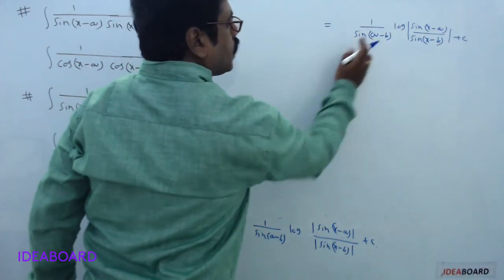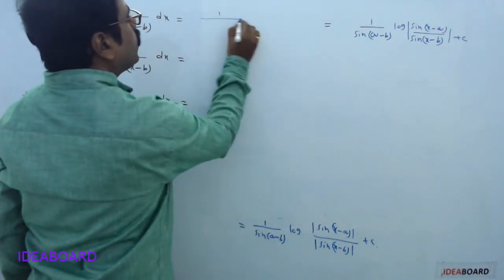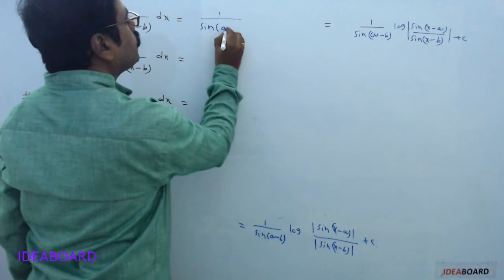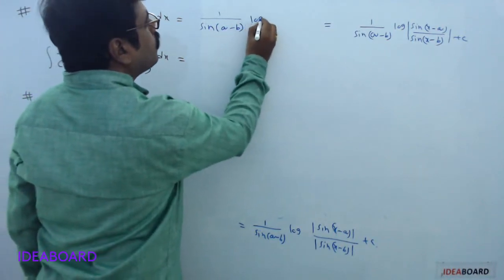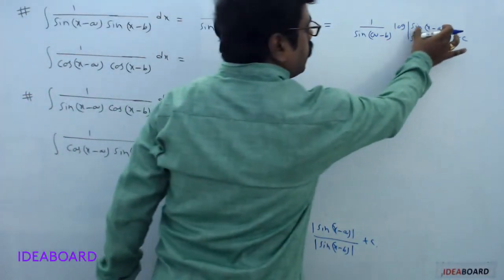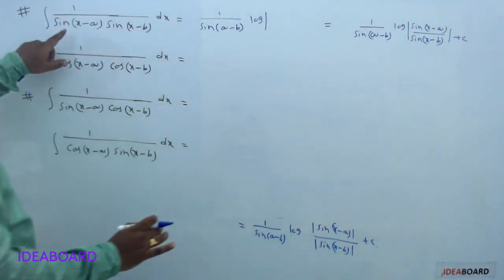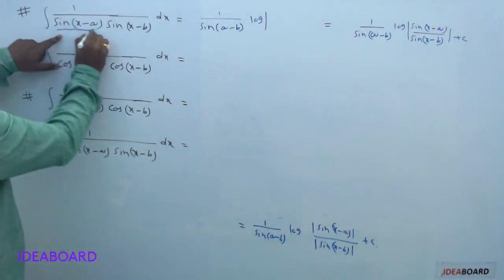Now here this can also be taken as 1 divided by sin of a minus b into log mod, where sin of x minus a is the first term in the denominator.